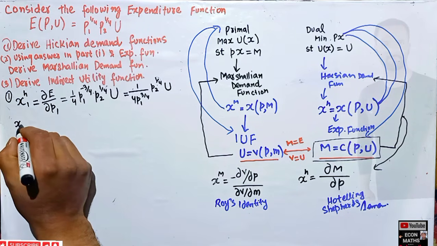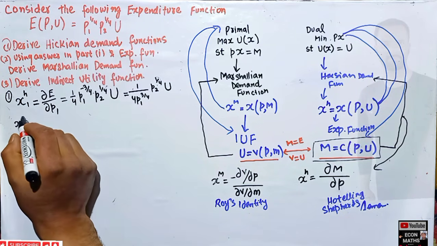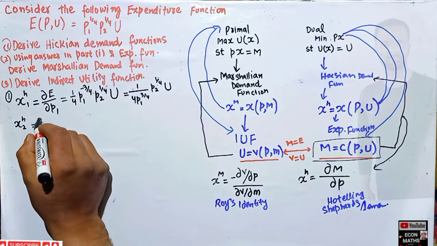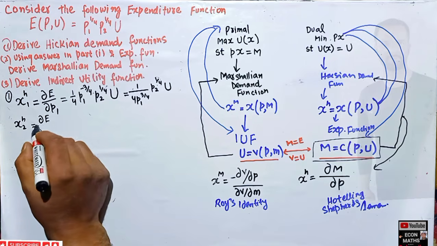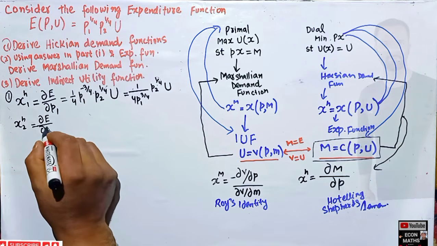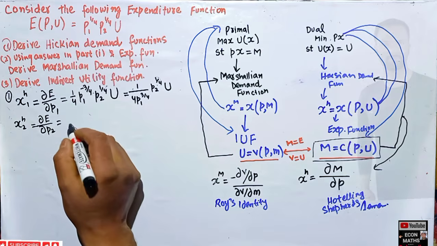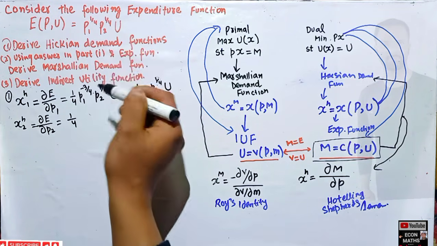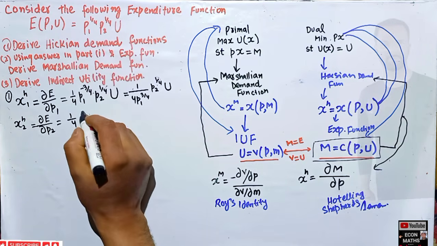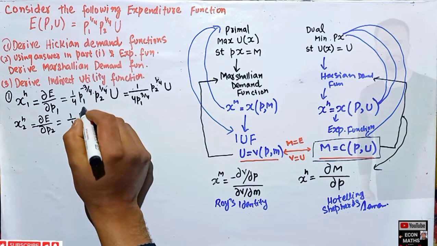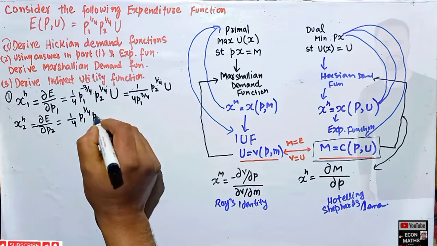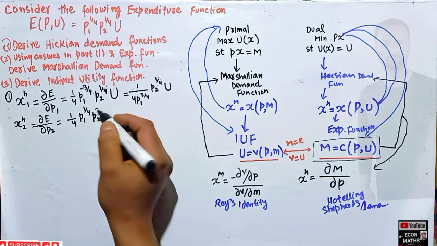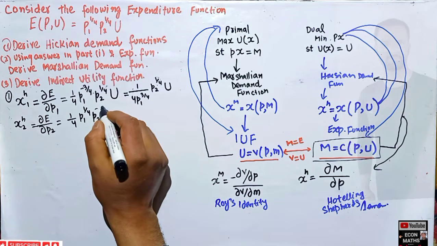Similarly, the Hicksian demand function for good x2: partially differentiating the expenditure function with respect to p2 this time will give us the Hicksian demand function for good x2. So this is 1/4. Since we are partially differentiating, p1 to the 1/4 will remain as it is, then we have p2 with the exponent subtracted by 1, so this becomes minus 3/4.